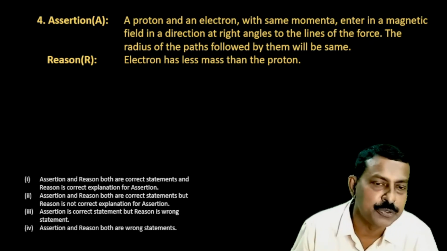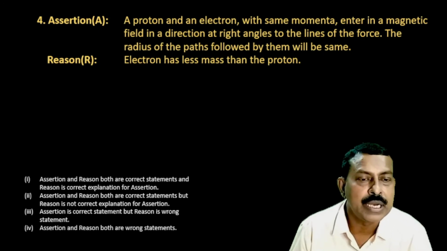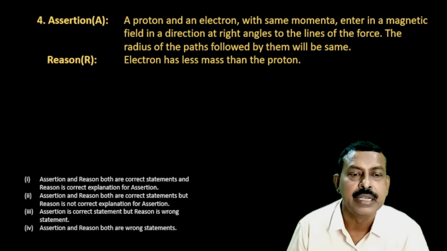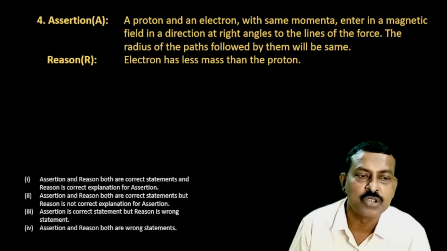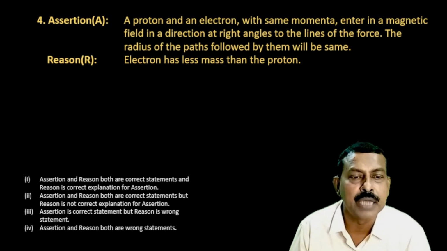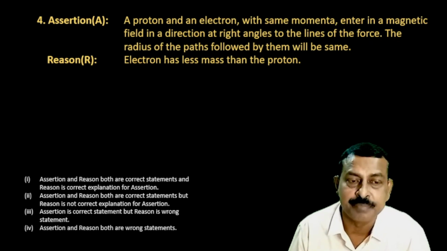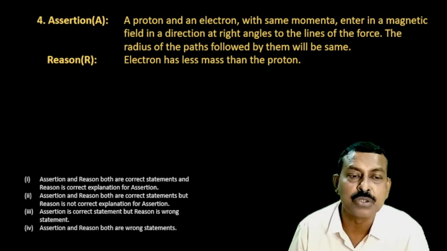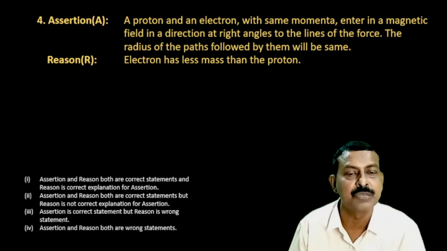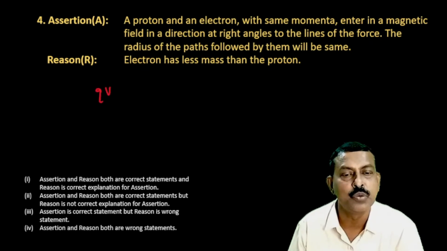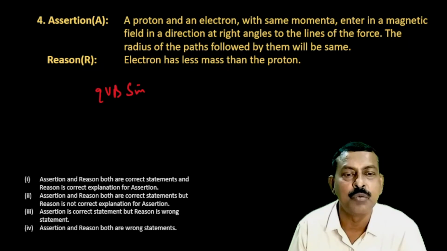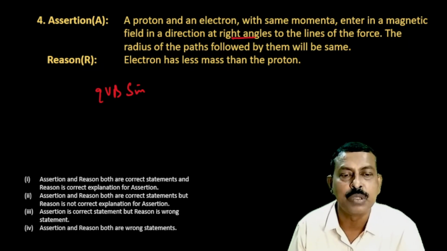Now in this case, a proton and electron with the same momenta enter a magnetic field in a direction at right angle to the lines of force. The radius of the path followed by them will be the same. Okay, so let's first take the force on a charged particle in the magnetic field. The formula is QVB sin theta. Here it is given that they are moving at right angle to the magnetic field, so it is sin pi by 2.